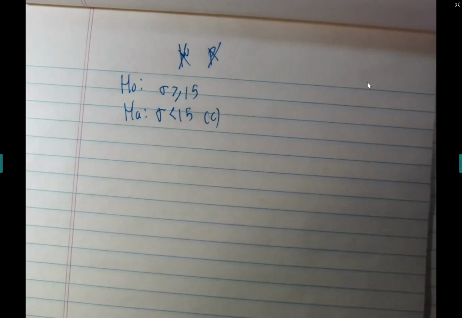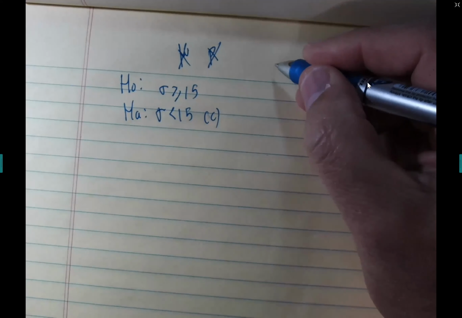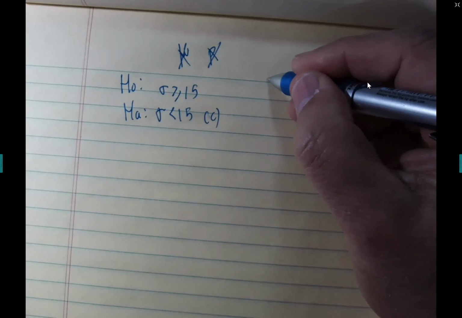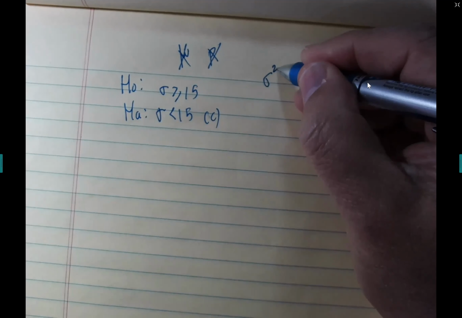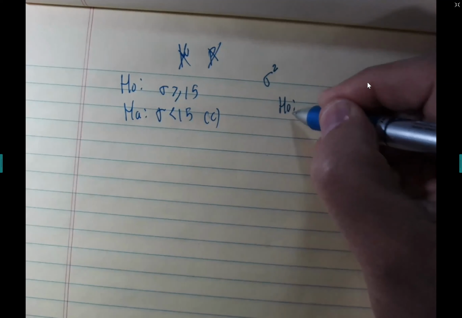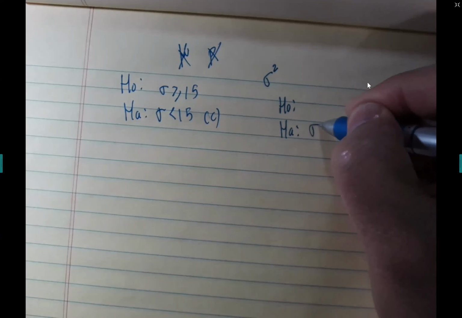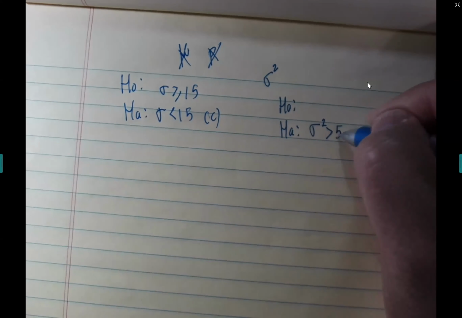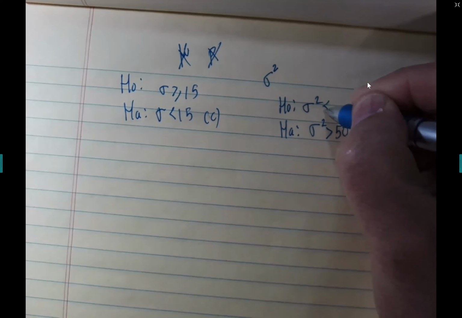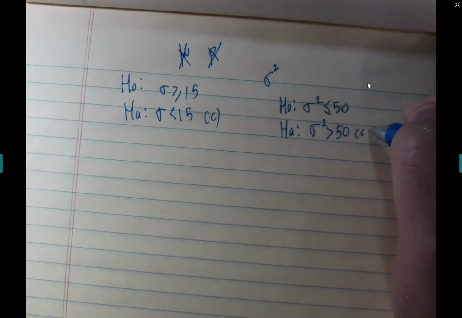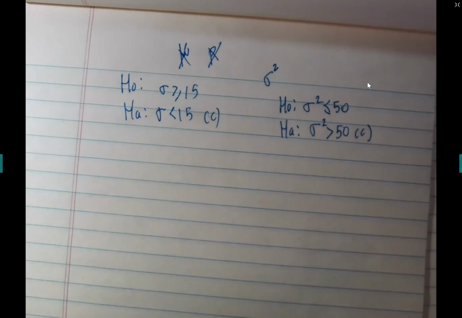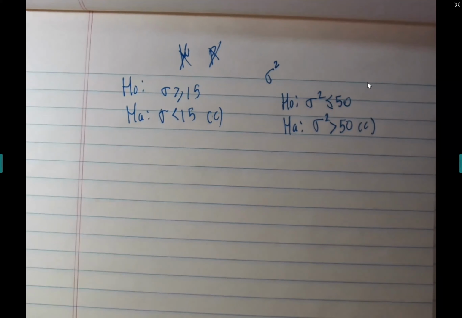Or you could answer a question: test the claim that the variance is more than 50. Variance, guys, as you learned in chapter 2, has a sign, not sigma, sigma squared. So you could be answering this claim, more than 50, and then this one will be less than or equal to 50. So this is the kind of hypothesis tests that you do in this section.